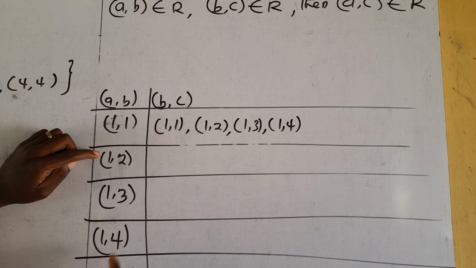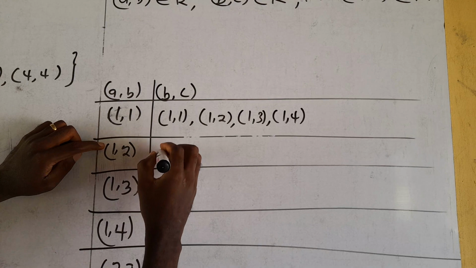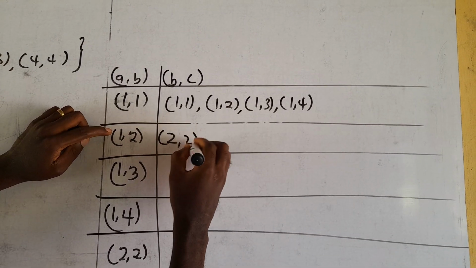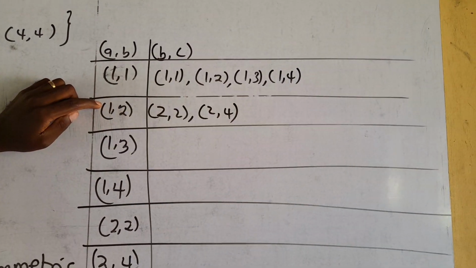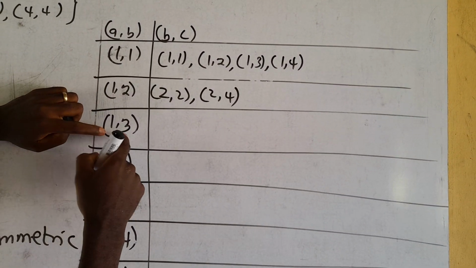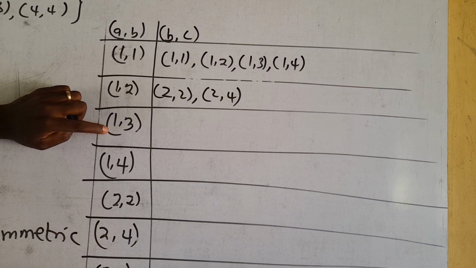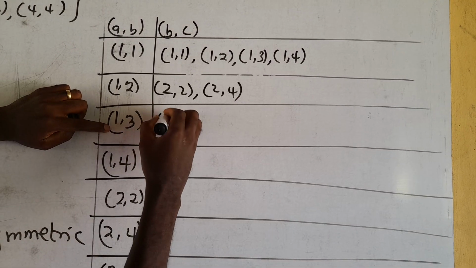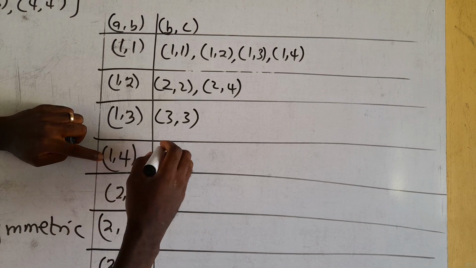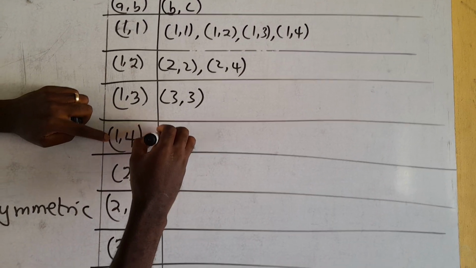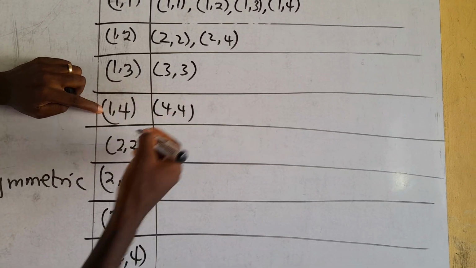So the other pair that 2 begins, see we have 2, 2, then 2, 4. Then the other pair that 3 begins, we have 3, 3. Then the other pair that 4 begins, look at that, we have 4, 4.